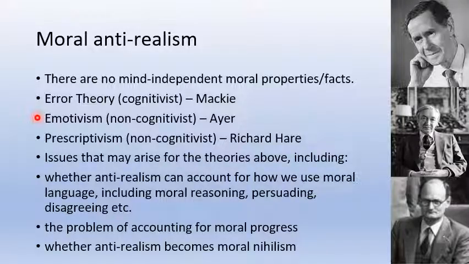So for an emotivist, murder is wrong means I feel badly about murder, or people feel badly about murder, or just murder, boo, or murder written in bold with a double exclamation mark, if you will. Just emotional responses to different actions. There's no objective mind-independent fact here. It's all mind-dependent and subjective.